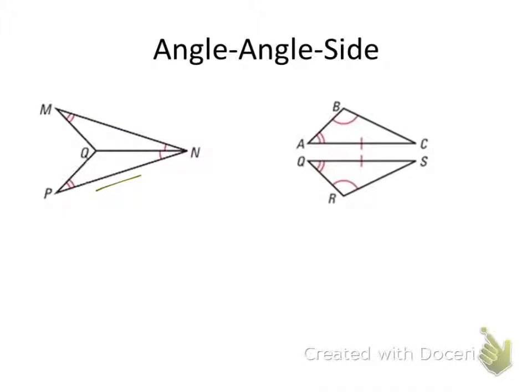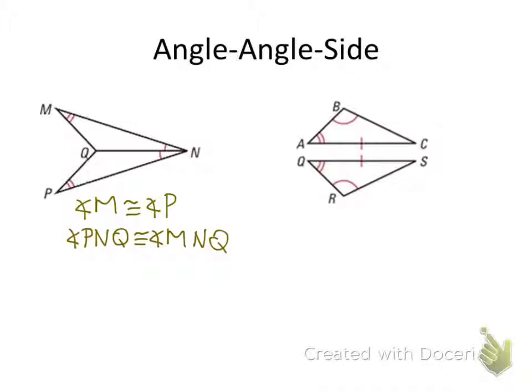It's angle, angle, side that we're looking for. So let's list what we know. M is congruent to P. Then PNQ is congruent to MNQ. And those are both given. Our next piece of information we're going to pull from there is that QN is congruent to itself.